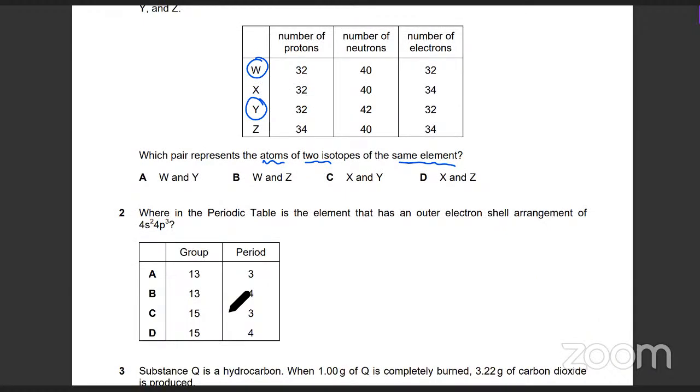जी. The next one: where in the periodic table is the element that has an outer shell electronic arrangement of 4s2, 4p3? Which group does this element belong to? 15, sir. 15, right?